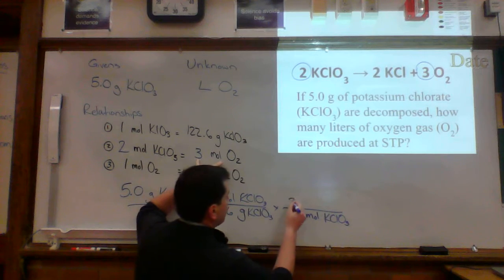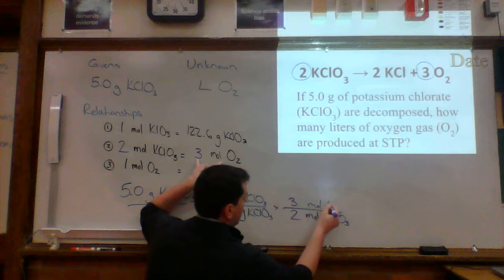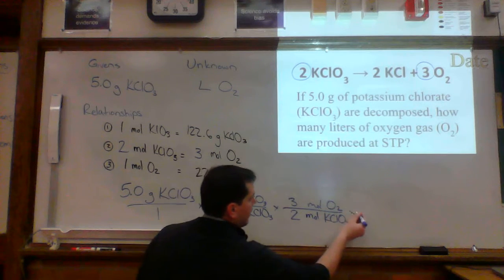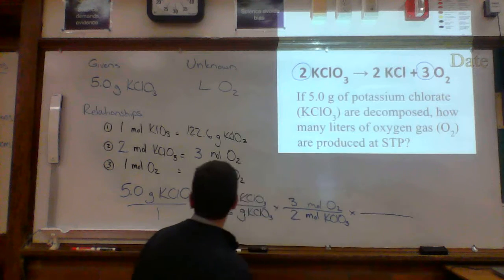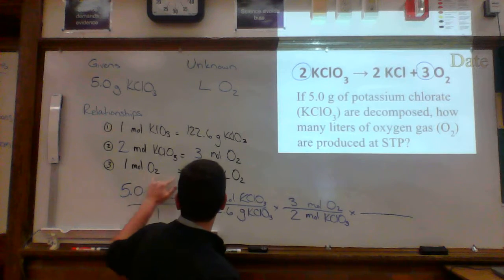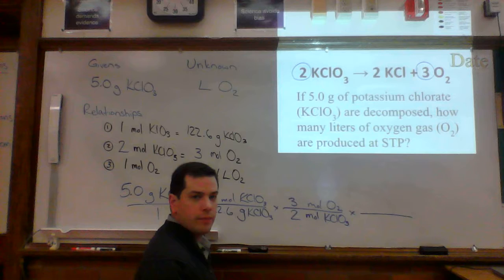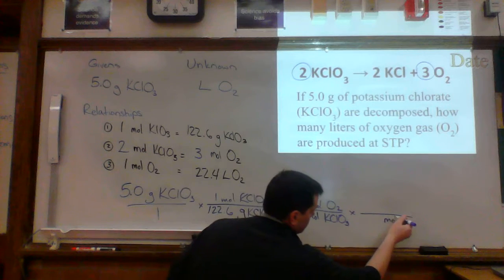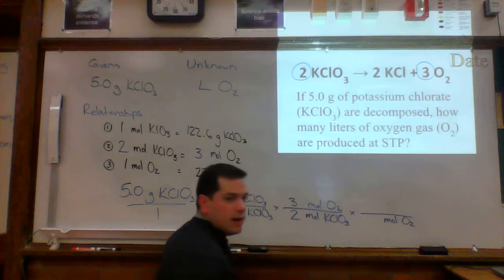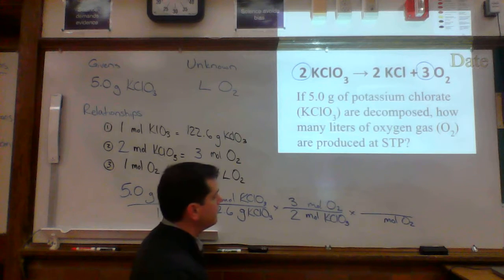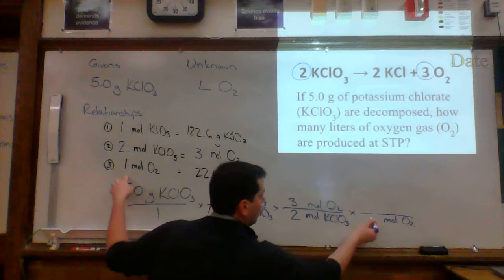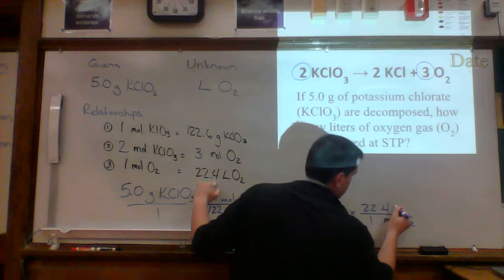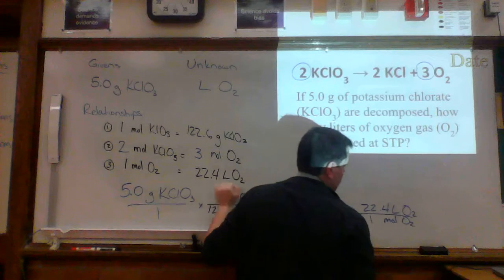That tells me that 3 moles O2 goes on the top. Now, last fraction. Well, which one goes on the top, which one goes on the bottom? Let's take our numerator, moles O2, put it in the denominator of the next fraction. So that tells me that 1 mole goes on the bottom and 22.4 liters of O2 goes on the top.